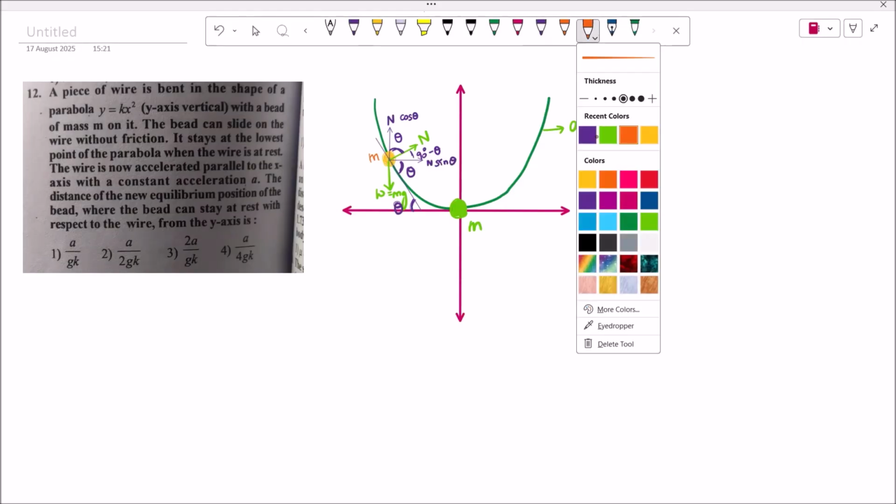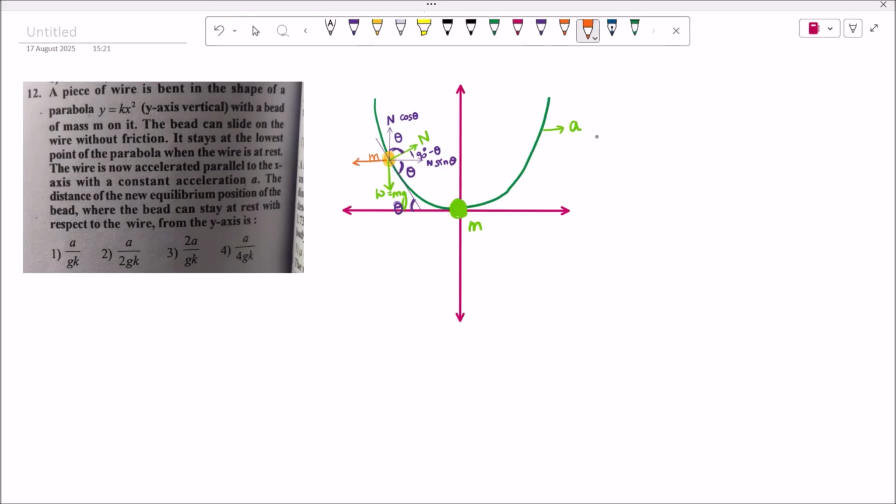The pseudo force has taken the object in the direction opposite to the acceleration of the body, so the pseudo force will act in the negative x-axis. Now we have to equate the horizontal and vertical components. Equating the vertical components, n cos theta is equal to mg.